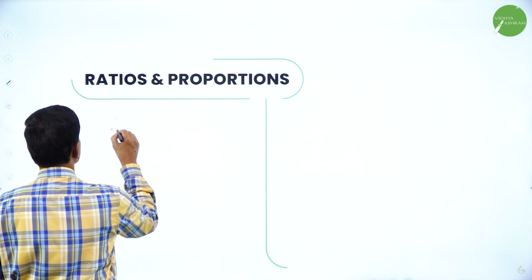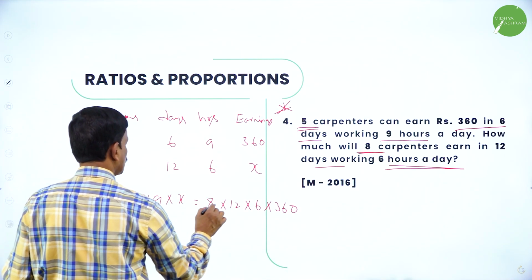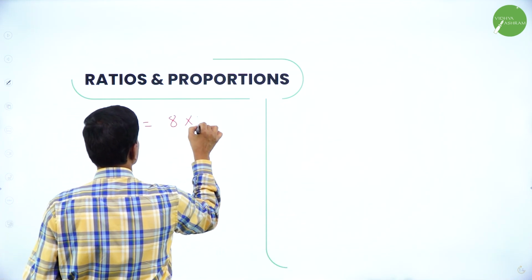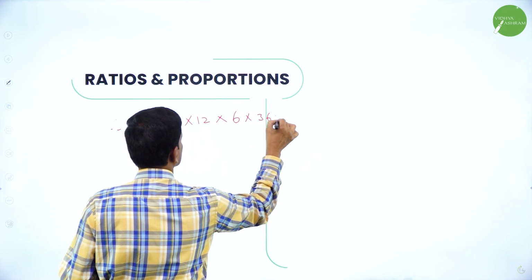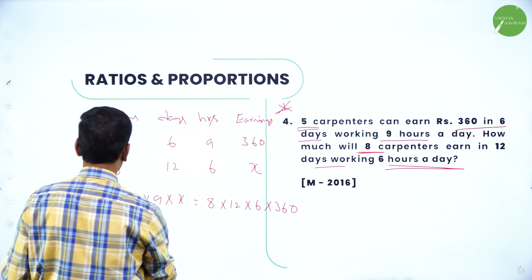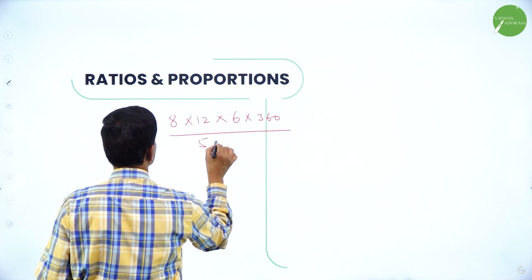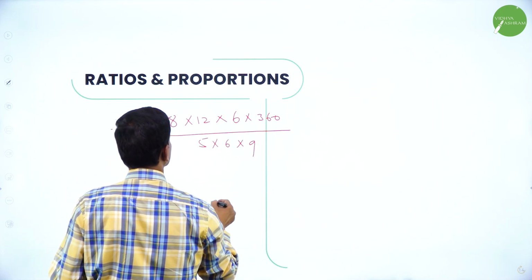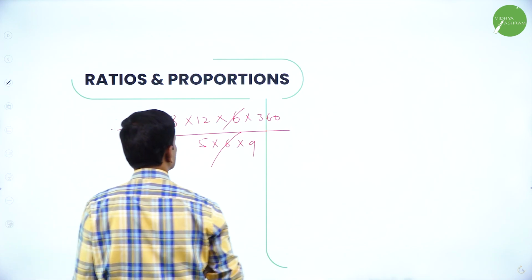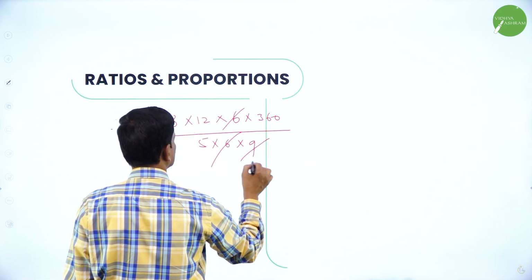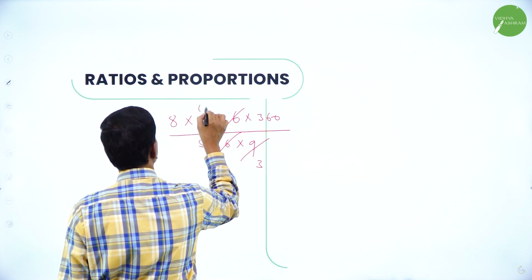Therefore x is equal to 8 into 12 into 6 into 360 divided by 5 into 6 into 9. Right, 6 gets cancelled. Yes, divide it. 3 3s are 9, 3 4s are 12.